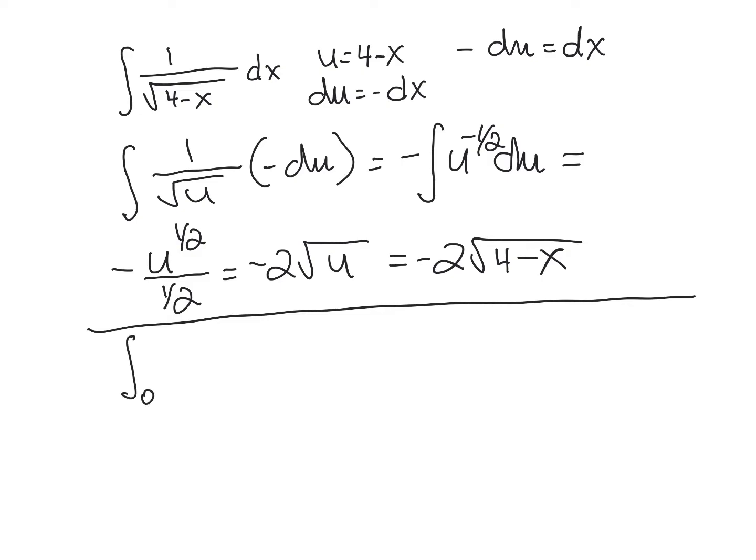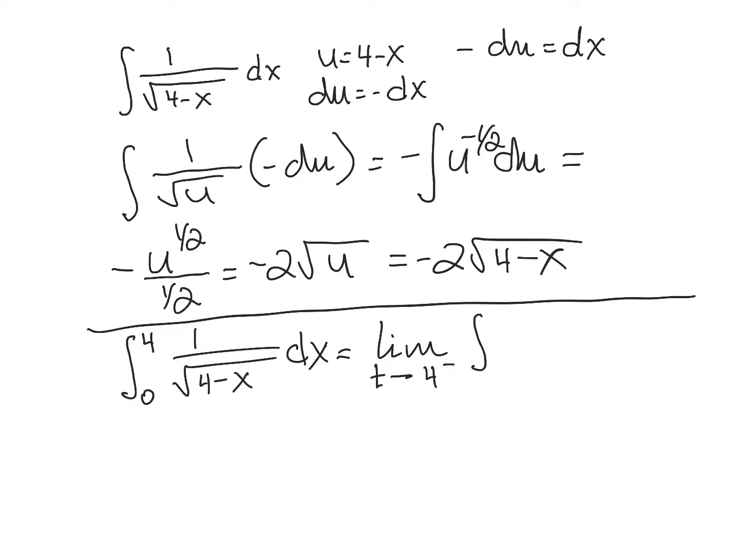One more time, the integral from 0 to 4 of 1 over square root of 4 minus x dx is equal to the limit as t approaches 4 from the left side of the integral from 0 to t of 1 divided by square root of 4 minus x dx. We just found the antiderivative of this.